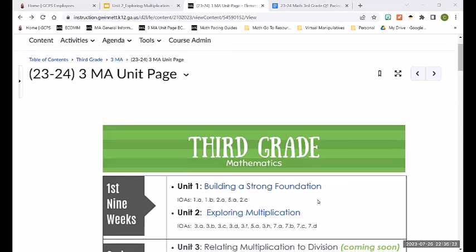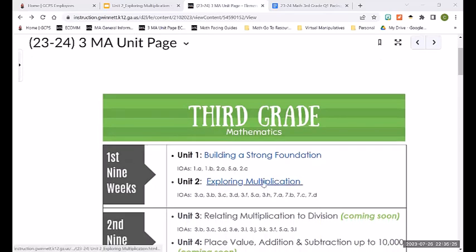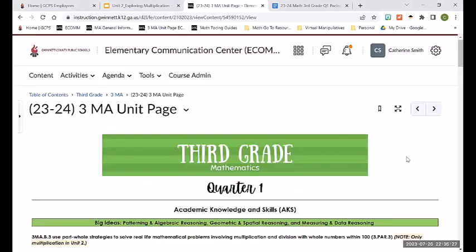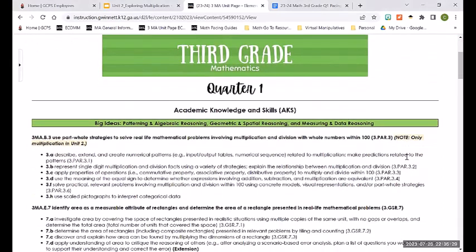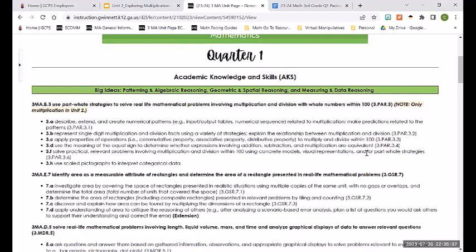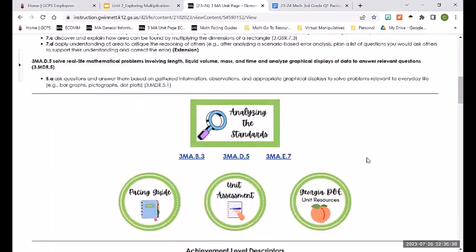Let's click into Unit 2, Exploring Multiplication. Here you will see on our unit page for the Exploring Multiplication unit, the AKS we reviewed in Chapter 1. Scroll down below the AKS and you will find a link to the pacing guide. Click here for the Quarter 1 pacing guide.